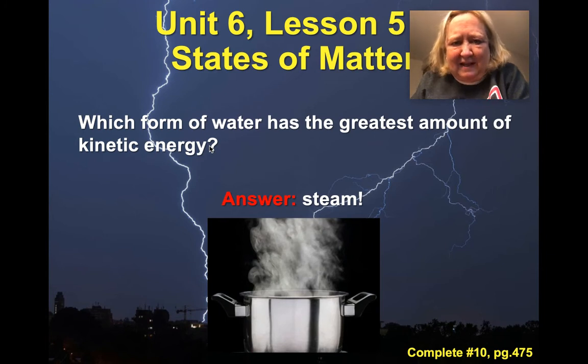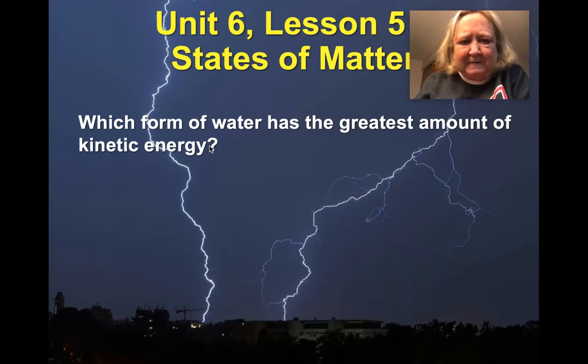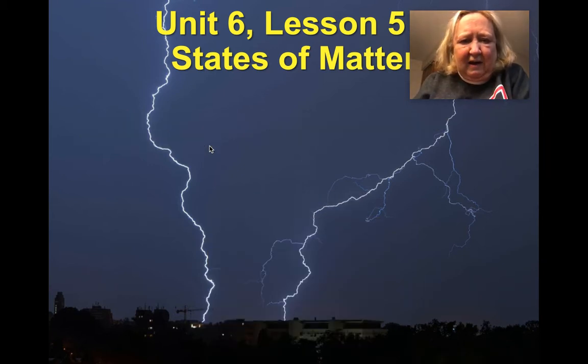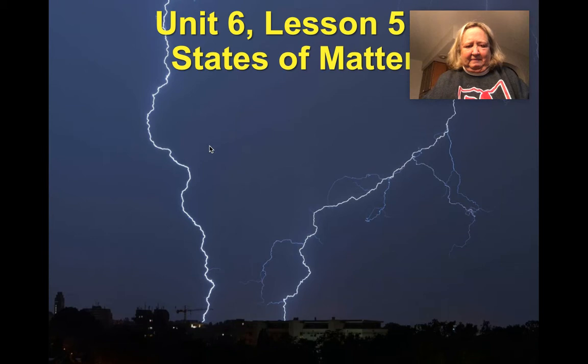Well, it would be steam, because to put it simply, the temperature's higher. If you boil water, it goes up to 212 degrees Fahrenheit, which turns it into steam. That's the boiling point. So it has the greatest energy because the particles are moving the fastest.